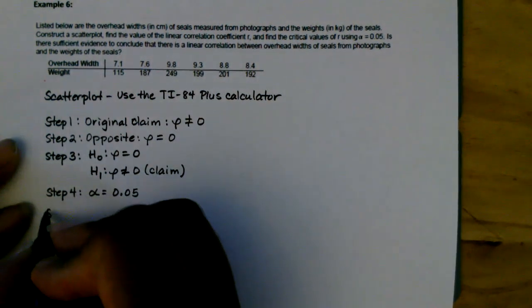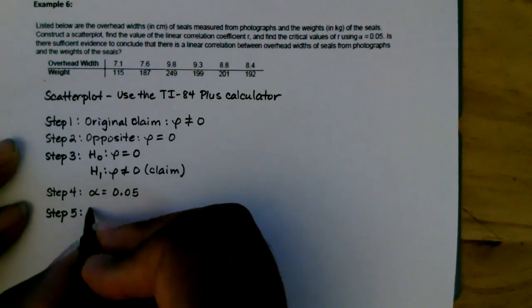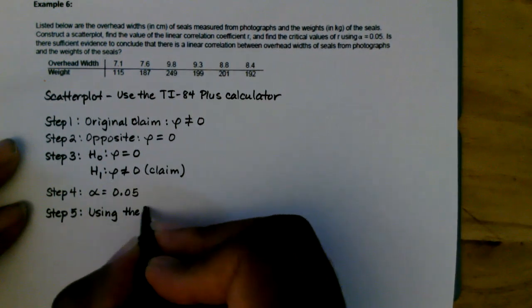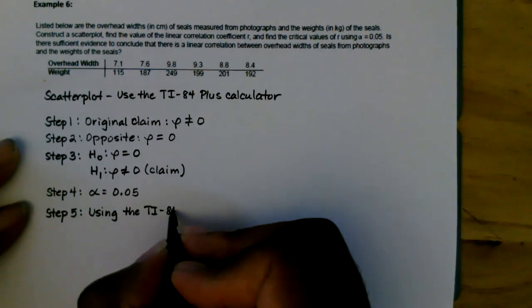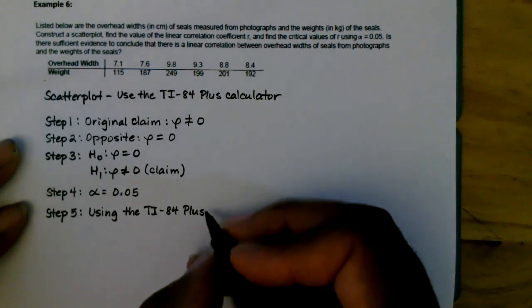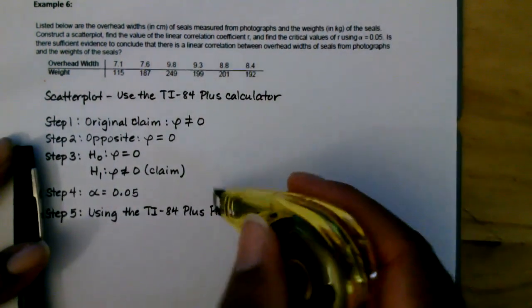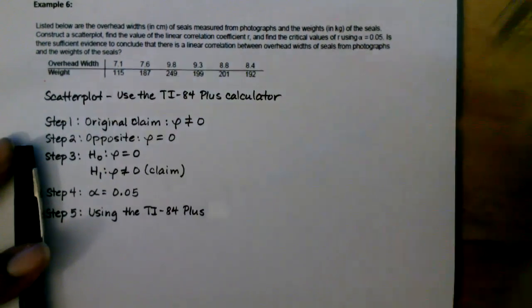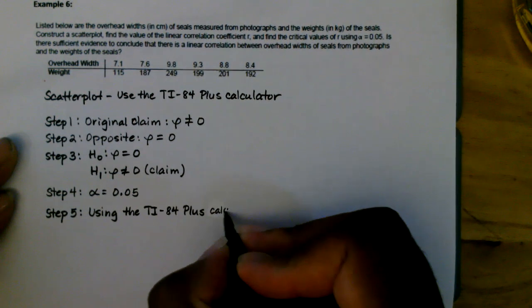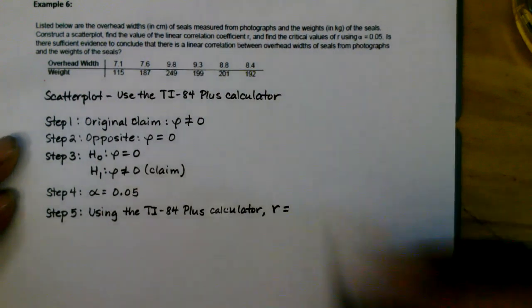All right, so now we're going to use our TI-84 plus calculator, or 83, to find our linear correlation coefficient, or in this case, R. So here we go.